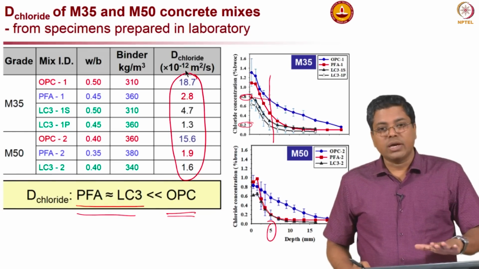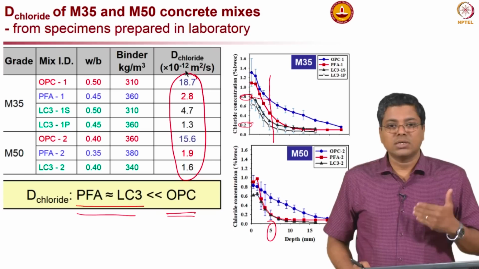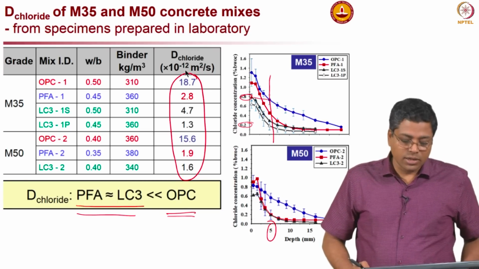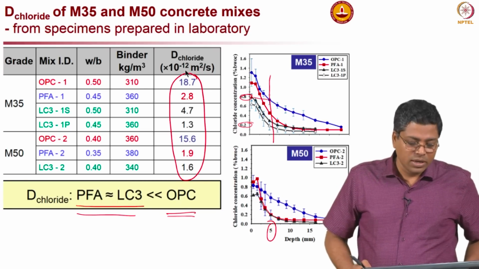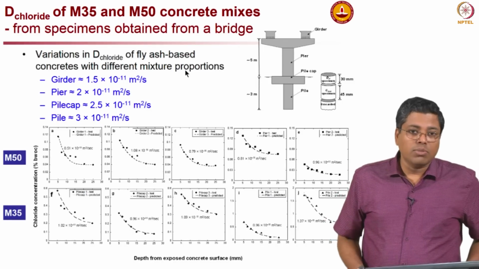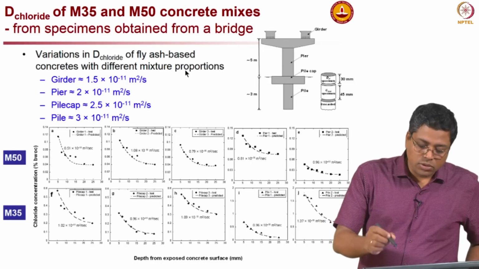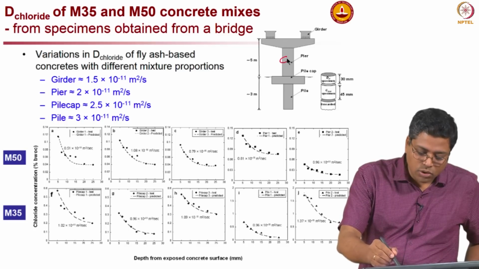This could be a case where you are talking about constructing something new, where you can prepare the samples in the laboratory and then see how good that concrete can be. But if you are already talking about existing structures, how do you do it? We first go to the structure and then core some cylinders.